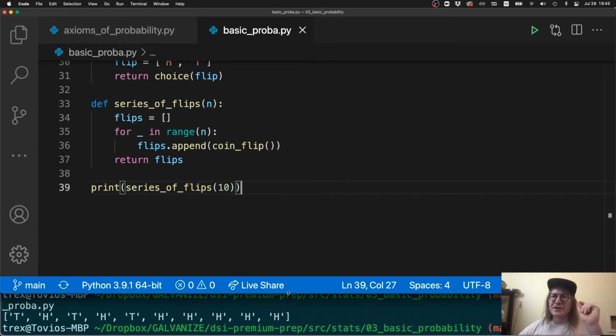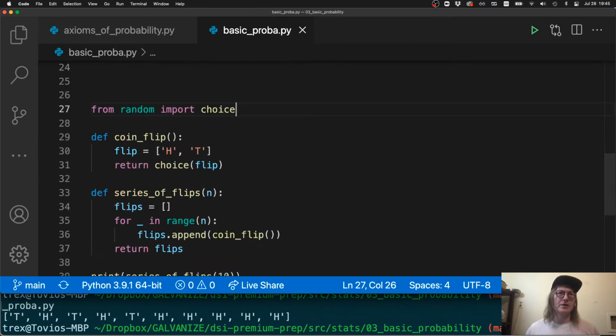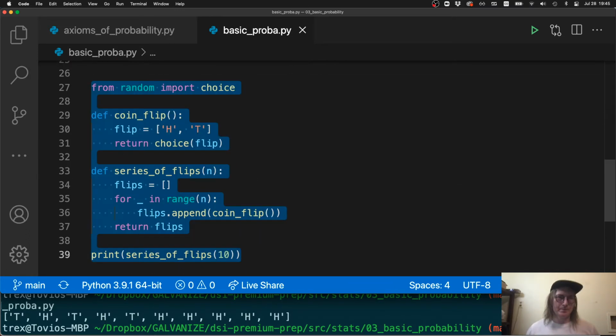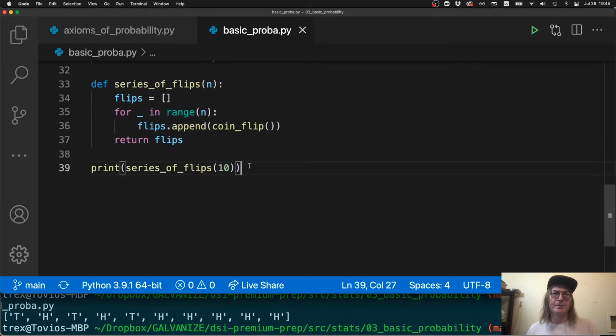Instead of explicitly counting and determining an exact probability, we can estimate a probability from this. So let me give you this code first, and then we'll go from there. I just want to show you a way we might estimate this.